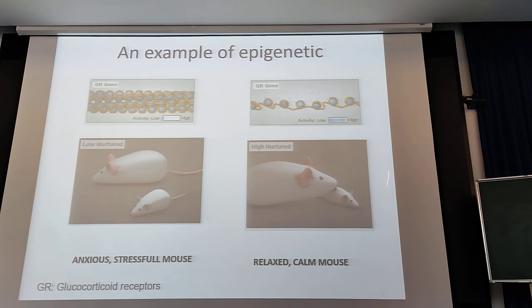With the highly nurtured mouse, that means when the scientists calm the mouse using the comb to brush the fur, like the behavior of the mother mouse always licking the fur of their offspring, then the more the mother licks the fur of the offspring, this GR gene will start to stretch out.